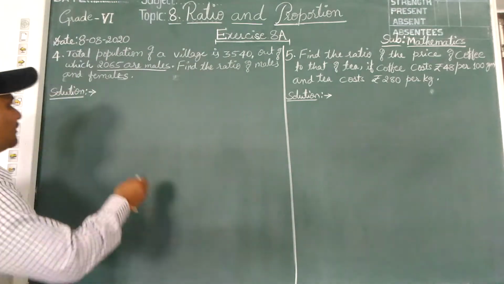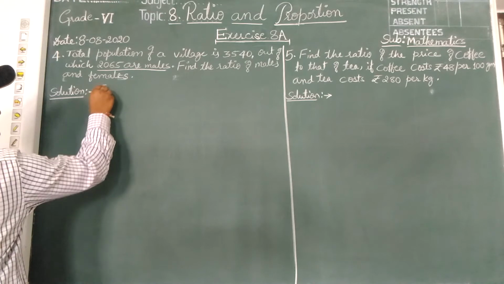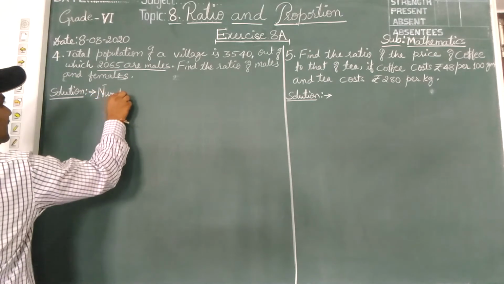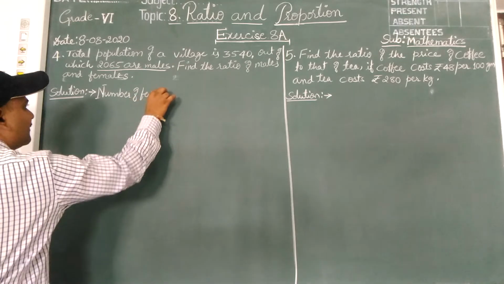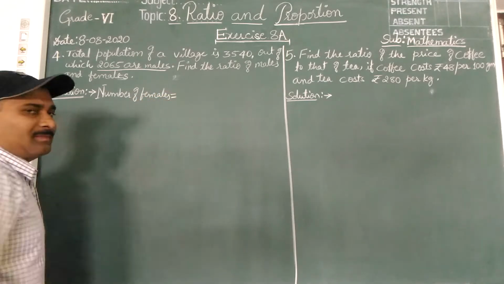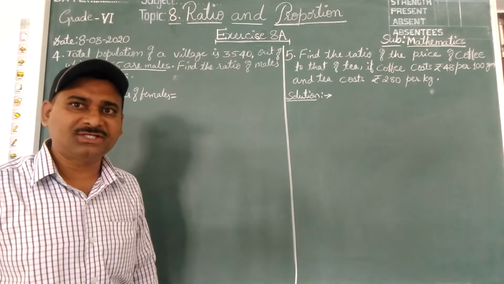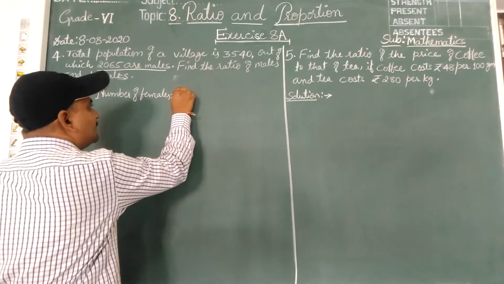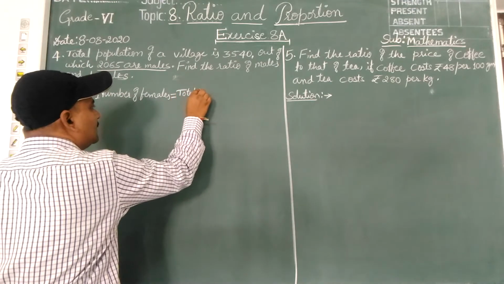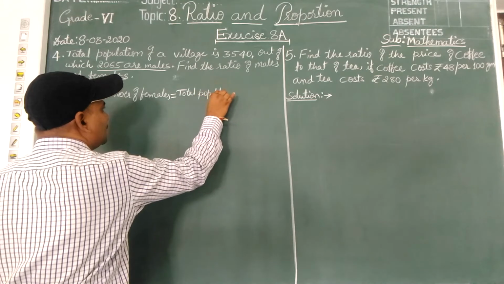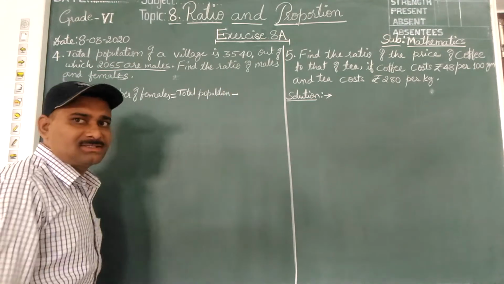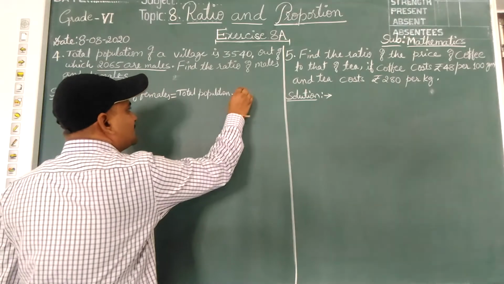Okay. Now number of females. How will we get number of females? We will get number of females by total population minus number of males.